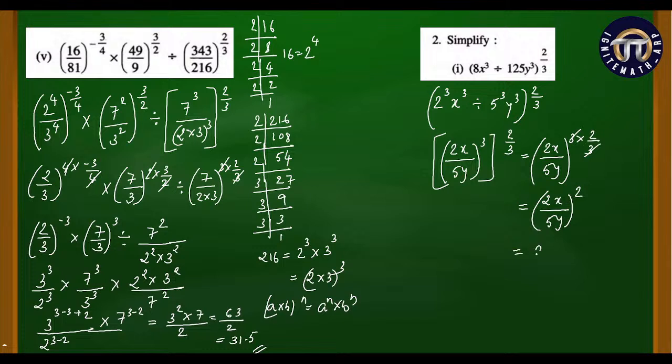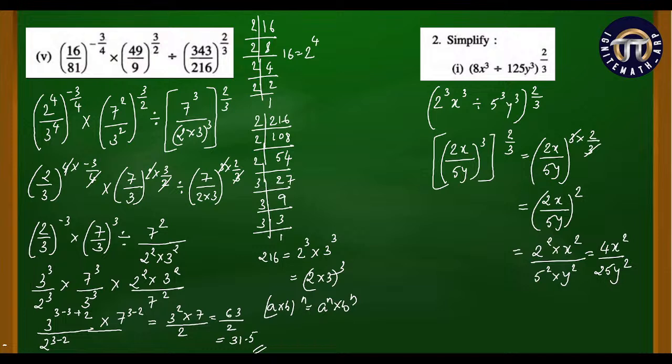So that means what, children? 2 to the power of 2 into x to the power of 2 by 5 to the power of 2 into y to the power of 2. So that becomes 4x square by 25y square. 4x square by 25y square is the final answer. Clear, children? I hope this is clear.